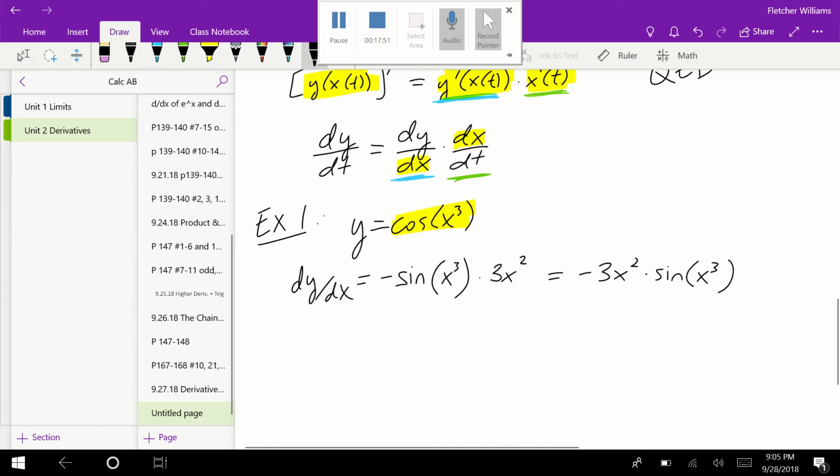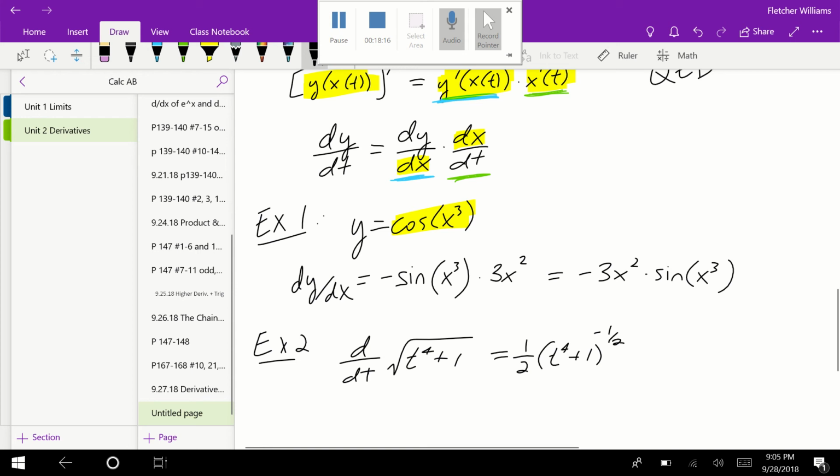Okay, example 2. Take this derivative. You should see that your outside function is the square root. The derivative of a square root is 1/2 times all the same stuff on the inside to the negative 1/2.